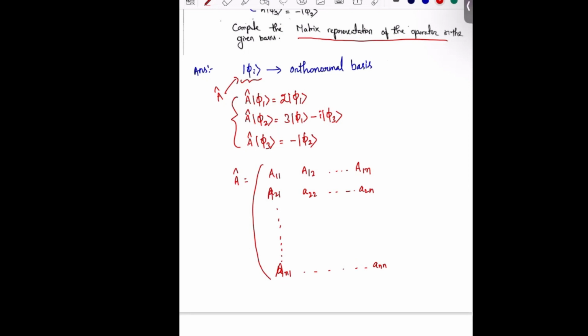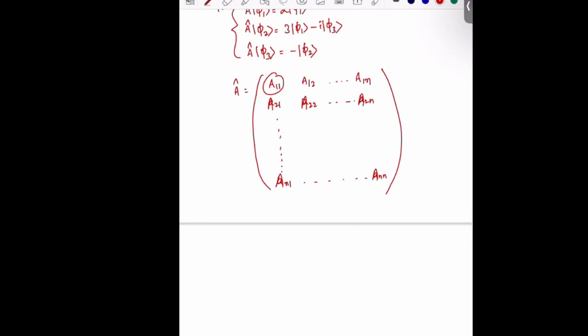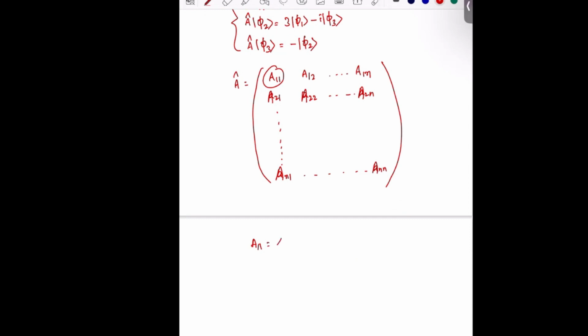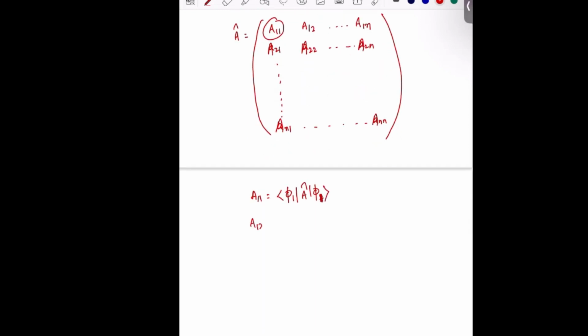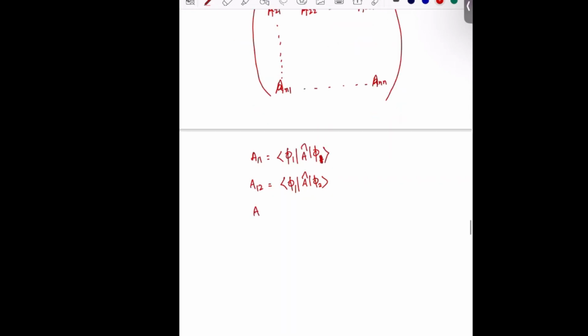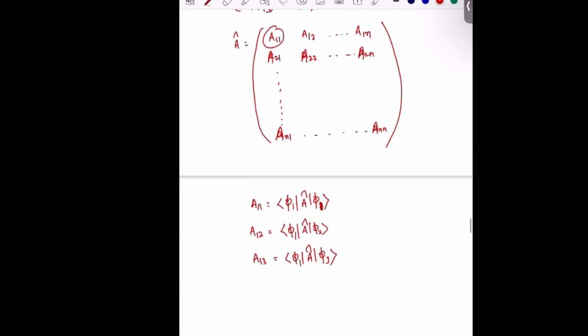This is capital A. So what are these? A11 is simply phi 1, A phi 1. Similarly, A12 is phi 1, A phi 2, and A13 is phi 1, A phi 3. So these are the expressions.